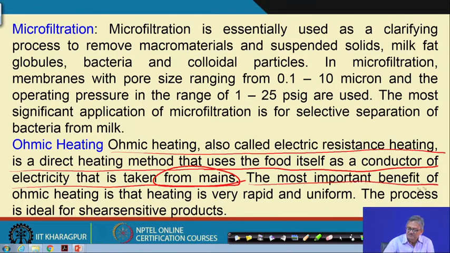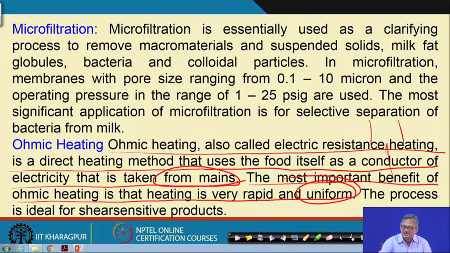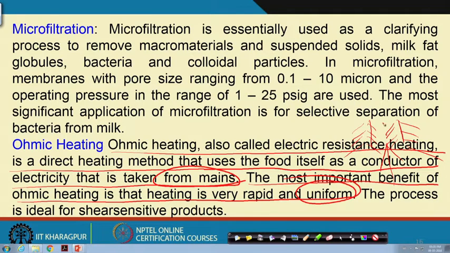The most important benefit of ohmic heating is that heating is very rapid and uniform. That is another thing, right. Say you have a pipe like this through which milk is going, and this side is being heated by steam. It is in all likelihood that the milk towards the pipe side will be heated more than the interior, so non-uniform heating may arise.